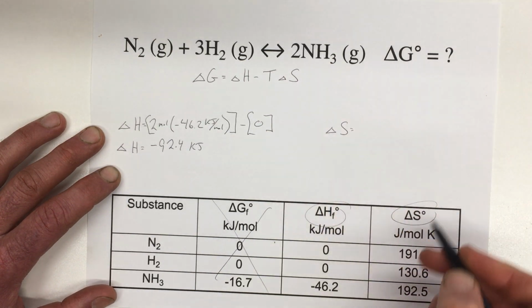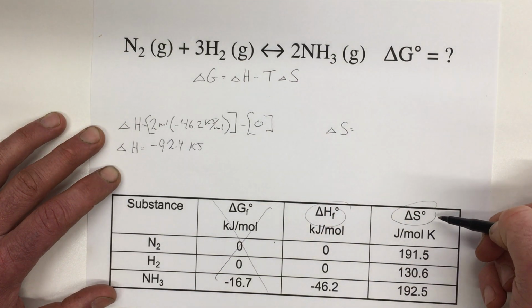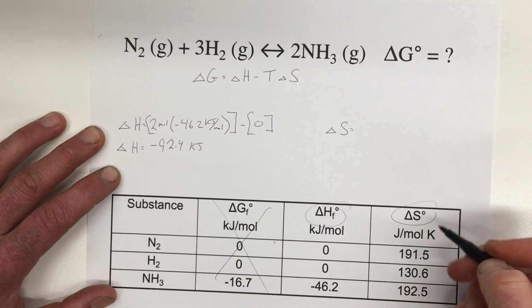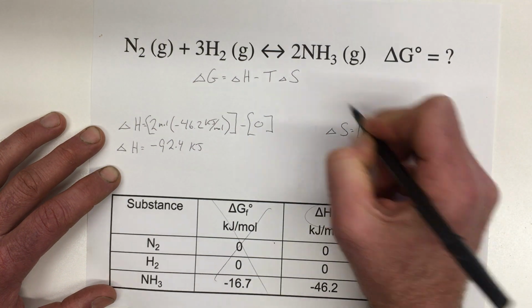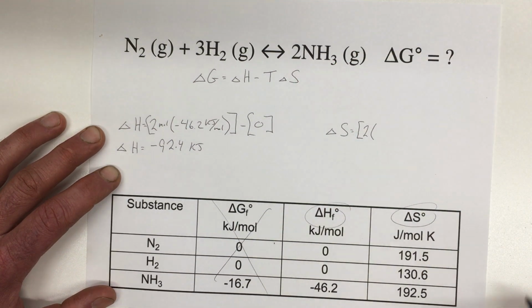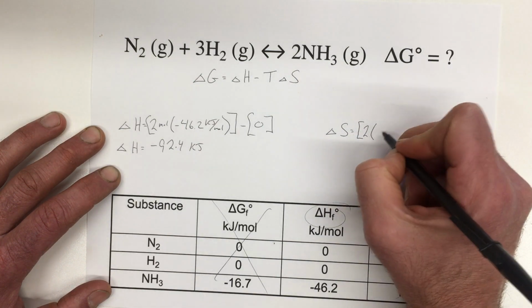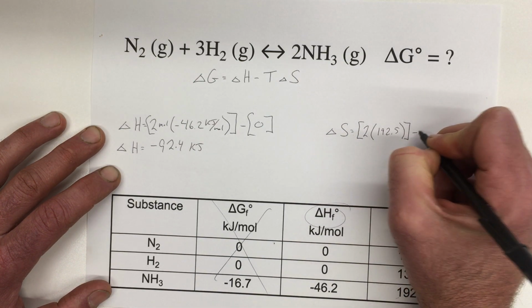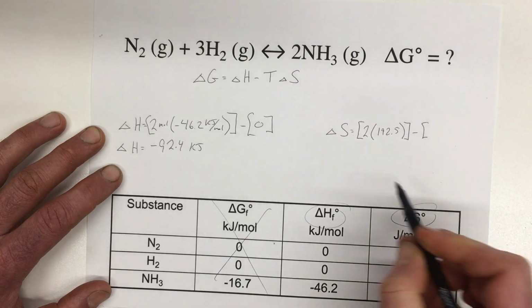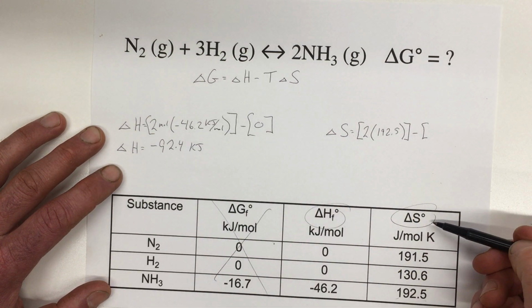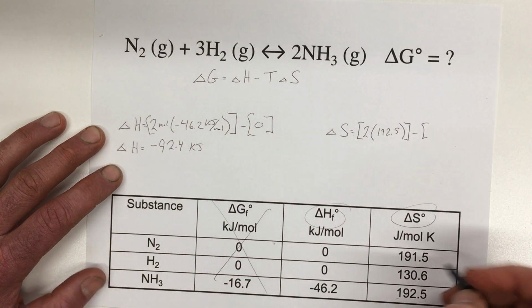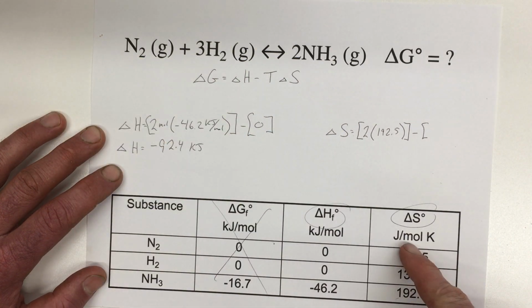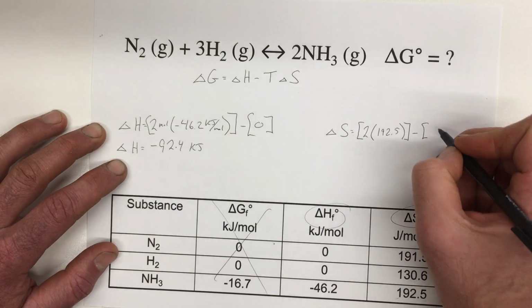So delta S, the sum of the standard molar entropies of your products. So it'd be 2 times the 192.5. And then minus the sum of the entropies of your reactants. And those are not going to be 0. Notice that these are not 0 even though they're elements in their standard state.